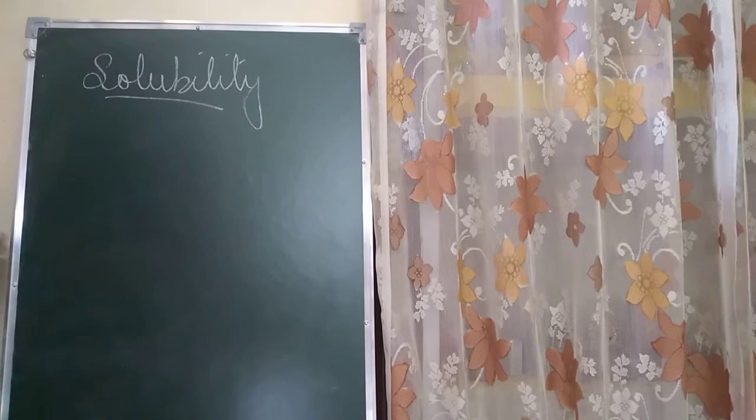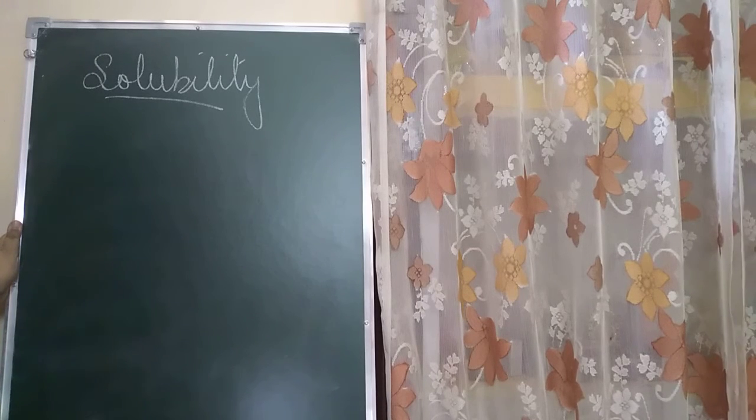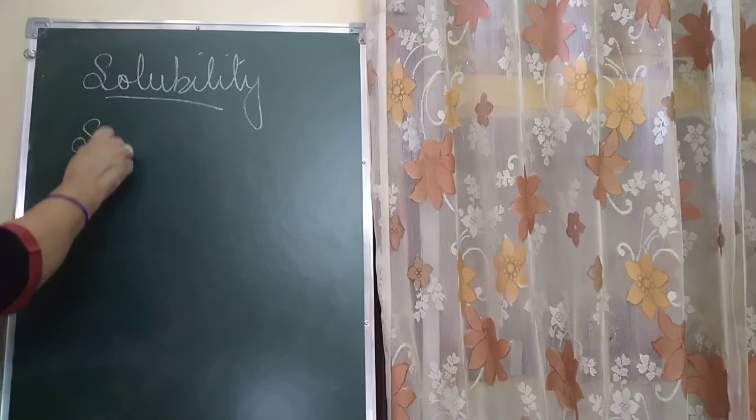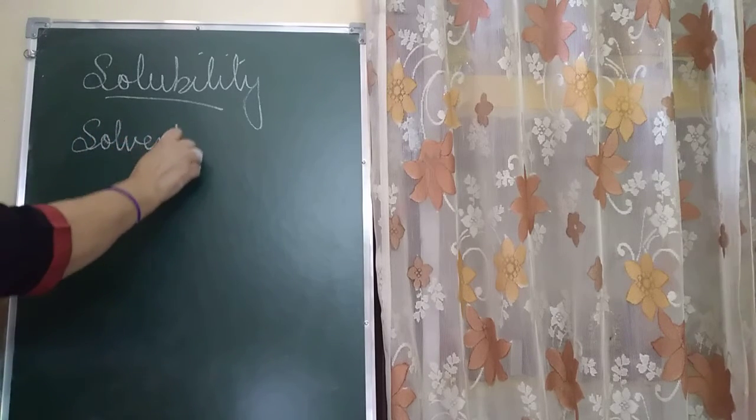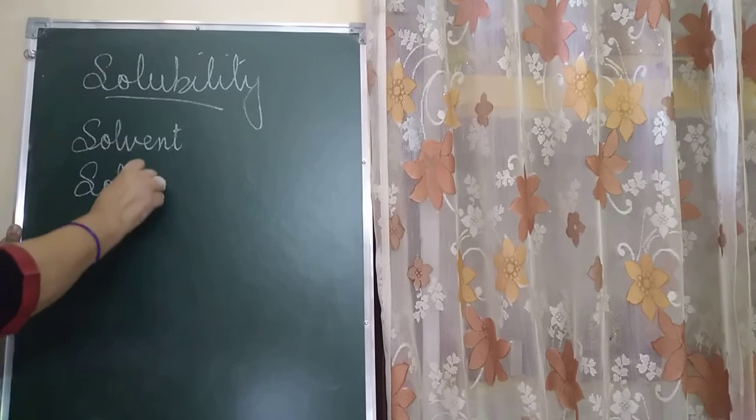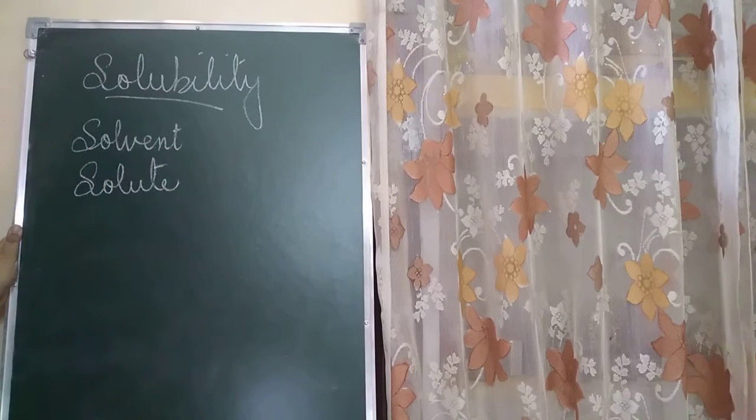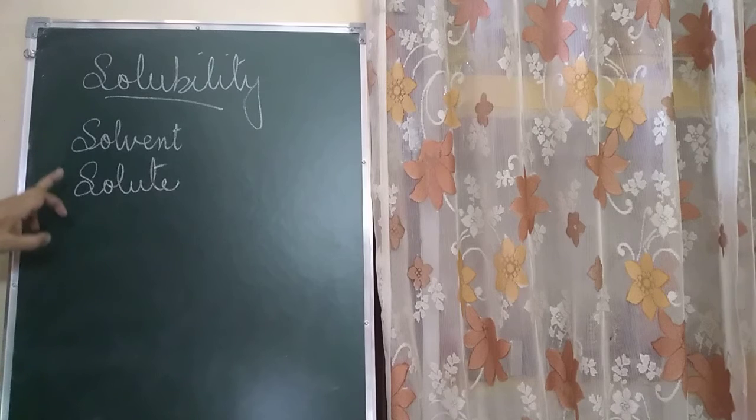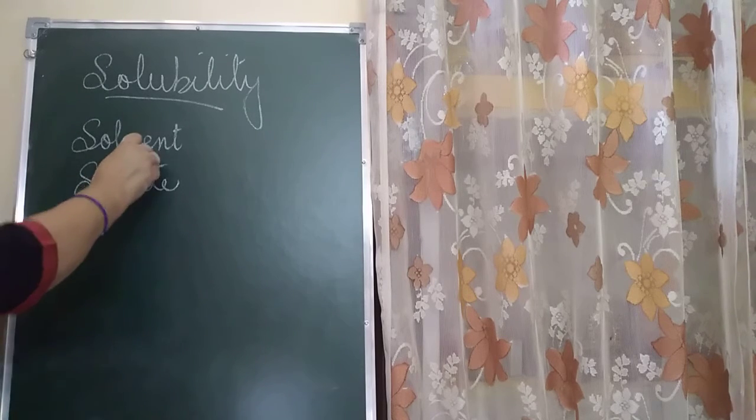You know that the water is a solvent and the sugar, the substance that dissolves in the water, is called solute. A solvent and solute together, what do they form?